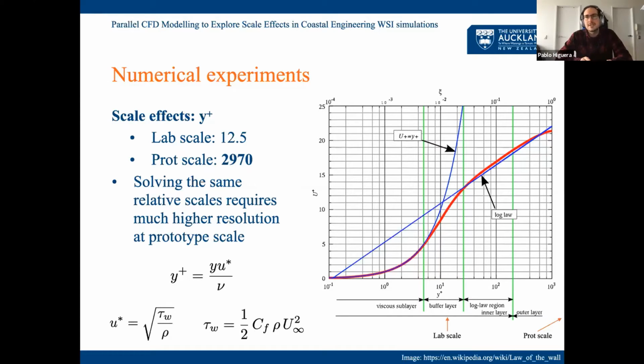And in prototype scale, we are now at 3000. And 3000 means that we are very, very far off. We're not solving the boundary layer. And on top of that, the K omega SST turbulence model is out of the applicability range. The applicability goes up to 300. So we're almost 10 times higher.